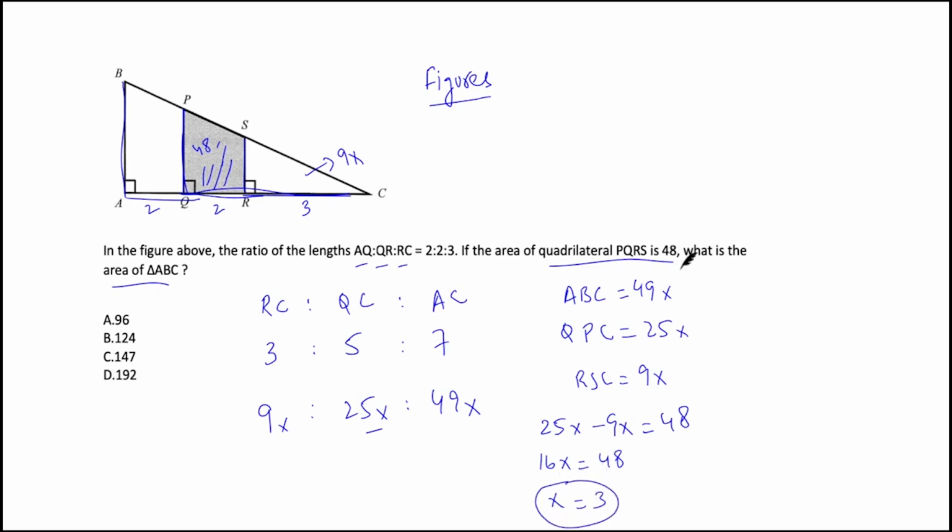Simply replace x equals 3 over here and we will get our target answer. 49 into 3 is 147. This is our answer. You can also find out the other areas. The area of triangle QPC is 25 into 3, that is 75. And the area of triangle RSC is 9 into 3, 27.